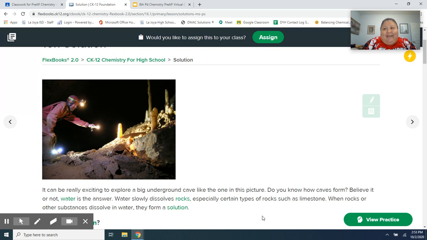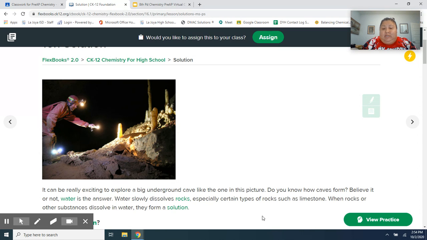Me personally, you couldn't pay me to go into a cave. I've seen way too many movies where people go exploring in caves and something happens and they get stuck and somebody starts dying, right? So that's just not my forte. But if you ever want to go see a cavern, they have some really nice caverns over by New Braunfels on the north side of San Antonio on your way to Austin.